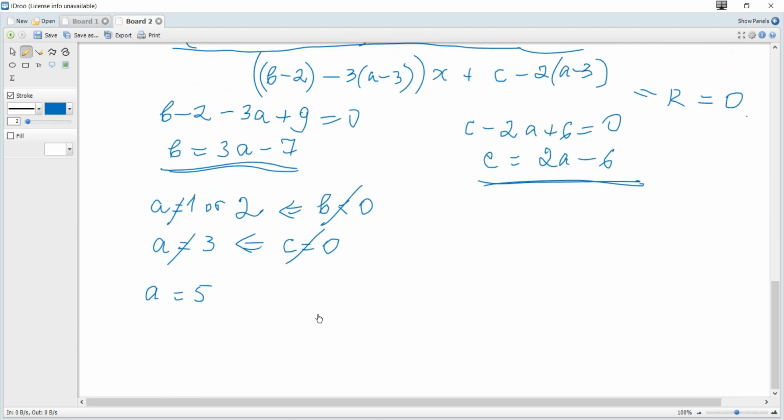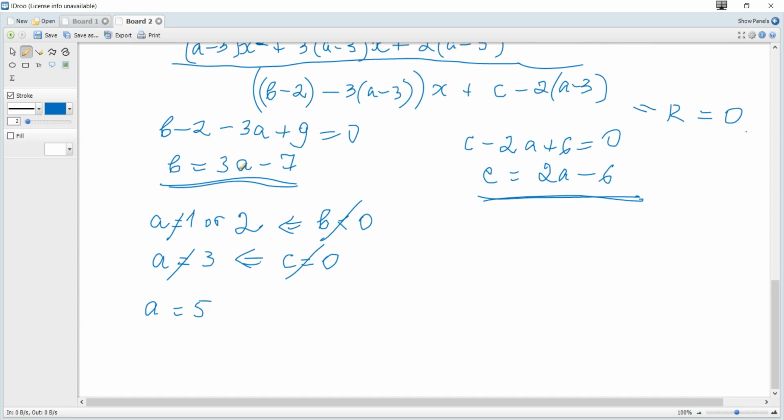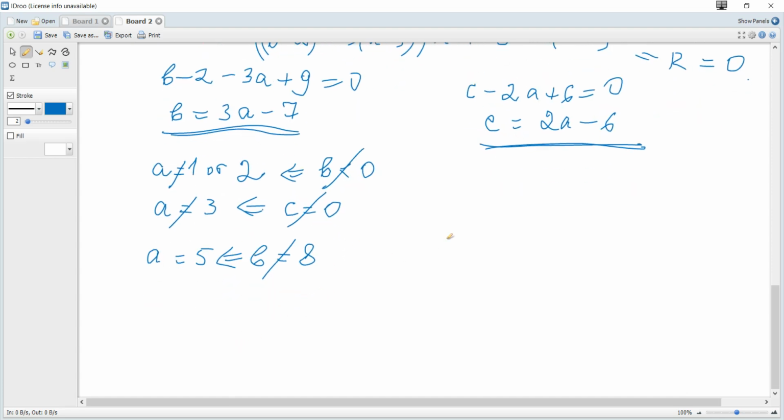When a is 5, b is 15 minus 7, it's 8, which is also impossible. Hence a is 4, it's the only variant. Hence b is 3 times 4 minus 7 is 5, and c is 2 times 4 minus 6 is 2.